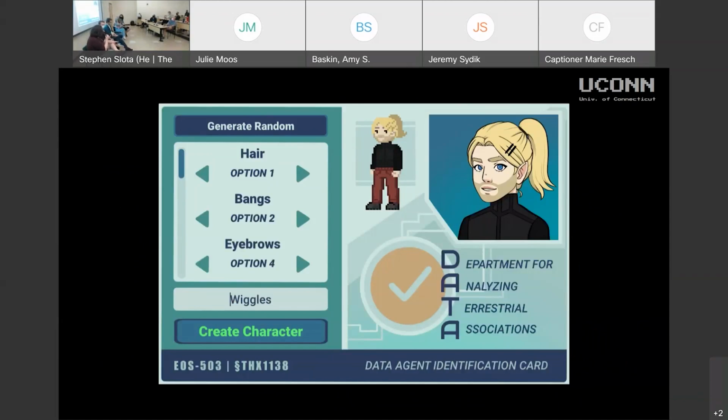We want to add two-tone clothes, so it's not all monotone designs. But we wanted people to be able to, especially because our target audience for this are educators who might have no game experience whatsoever, potentially connect with the character that they're going to be playing as in this world. Because as they're going around and forming these relationships with people, if they want to create a character that's not at all like them, go for it, more power to them.